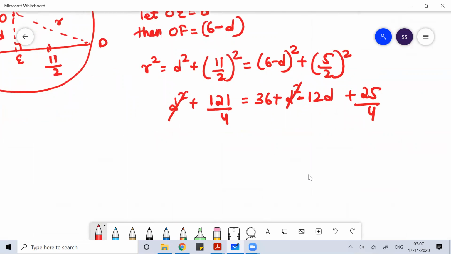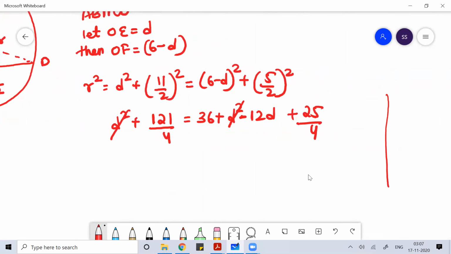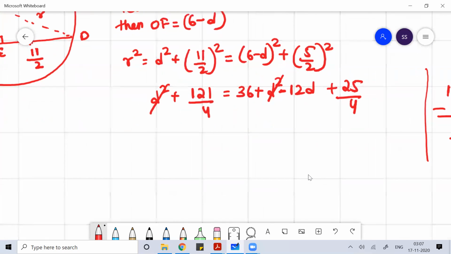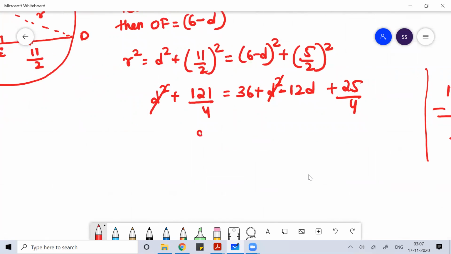So 121 minus 25, this is 96. So this is 96 by 4 minus 36, that is equal to minus 12D.